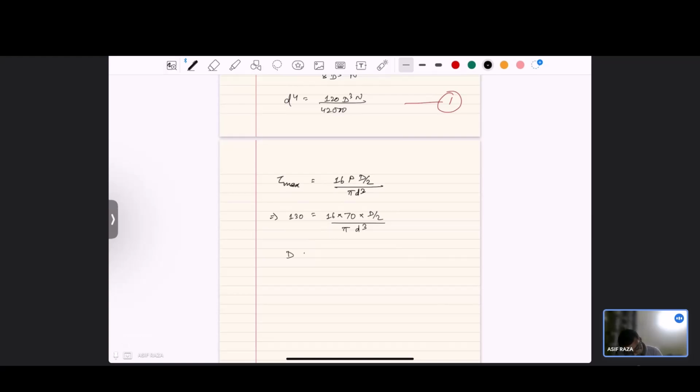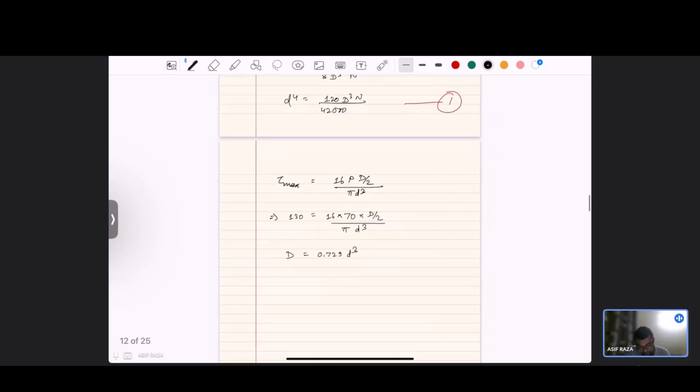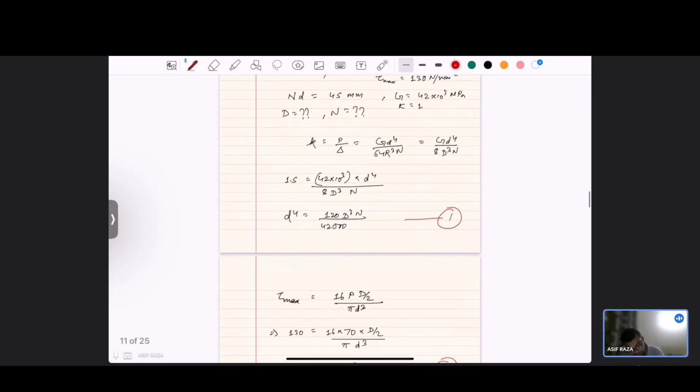So d can be written as 130 into pi into 2 divided by 16 divided by 70, 0.729 d cube. Now this is 2 and this is 3.